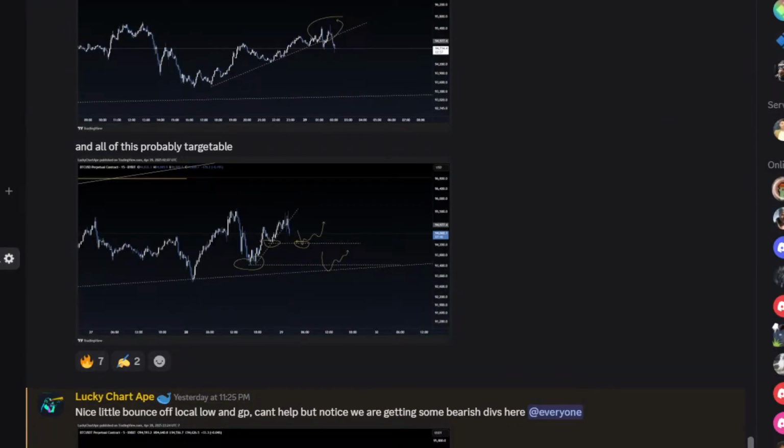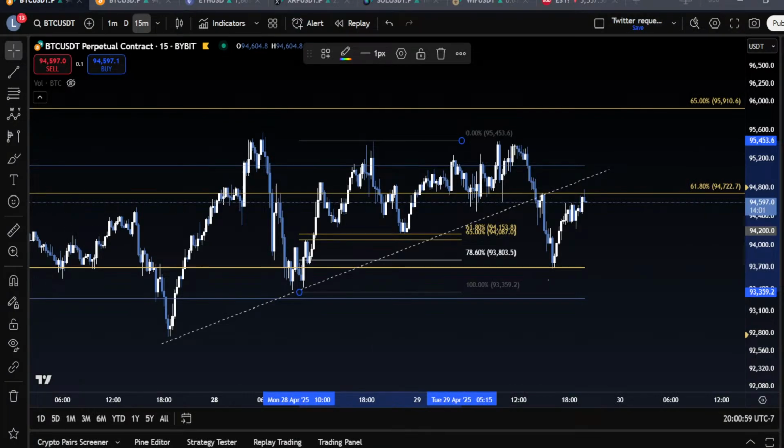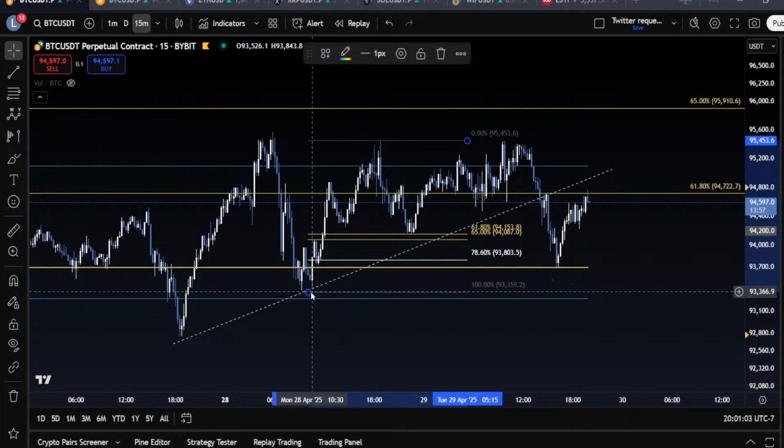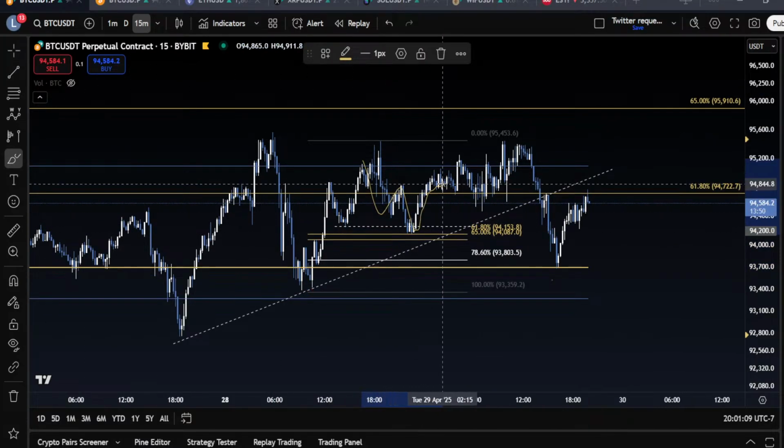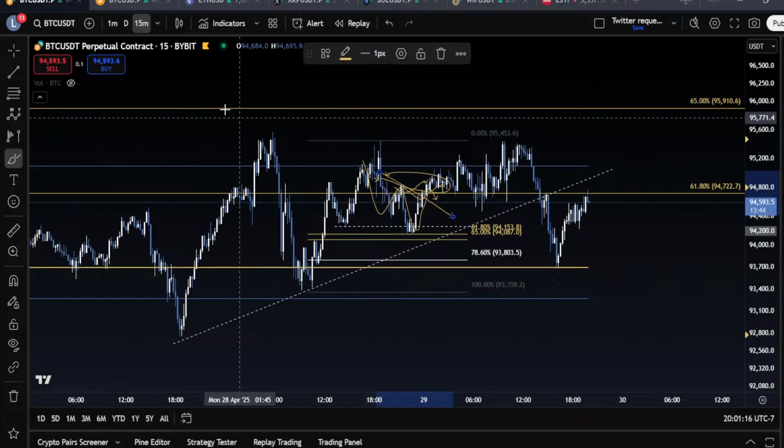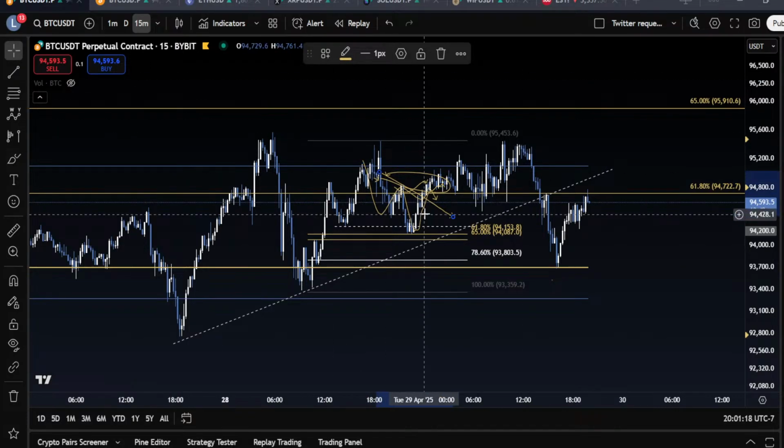On any given day, I'm trading even stuff like this, right? That was this idea, just come in, tag these lows, and we had a bearish divergence here, so it's just a low time frame scalp for me, and I took profits well before the highs there.